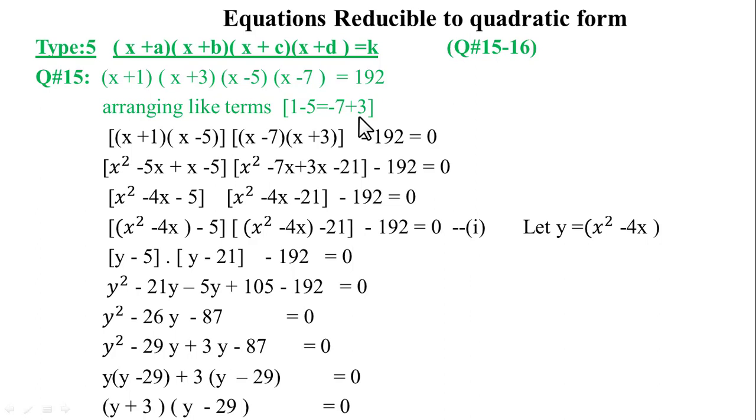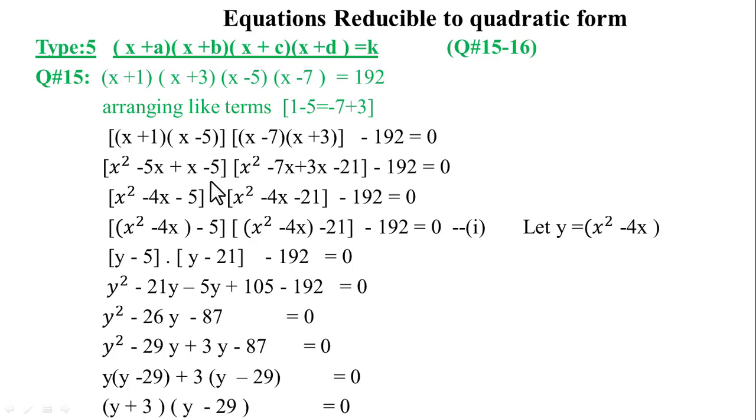So first of all, arrange the pairs in this form. We arrange two pairs: x plus 1 into x minus 5, similarly x plus 3 into x minus 7, minus 192 is equal to 0. After multiplication, x multiplied by x is x square, minus 5x plus x minus 5.